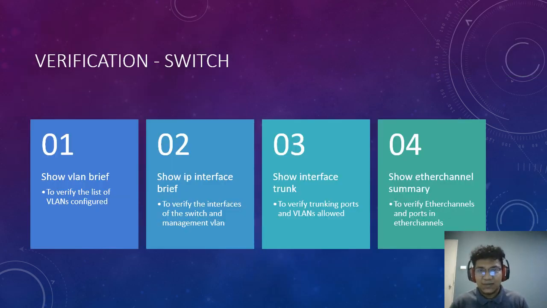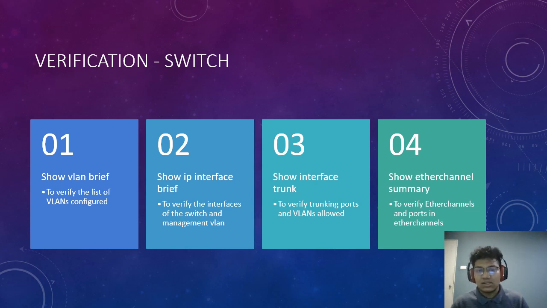And these are some of the commands that I use to verify configurations on a switch. Show vlan brief, the first one, is to verify the list of VLANs configured and also the interfaces configured to the VLAN. Show ip interface brief is to verify the interfaces of the switch, whether or not they are down or up, and also their IP address, and the IP address for the management VLAN and whether or not the management VLAN is down.